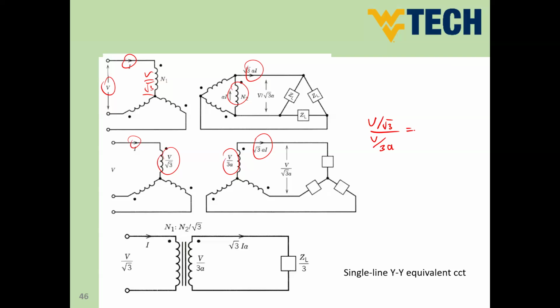So the equivalent here is now 3 divided by root 3 times A, which is A divided by root 3. So this is now the turns ratio. For that, the equivalent single phase transformer turns ratio is going to be N1 to N2 divided by root 3. Okay, guys. So this is the equivalent single line diagram of this 3-phase transformer.